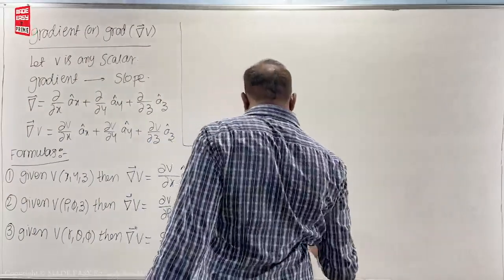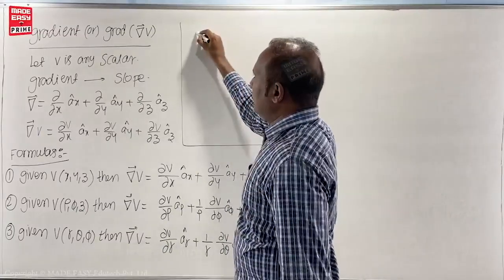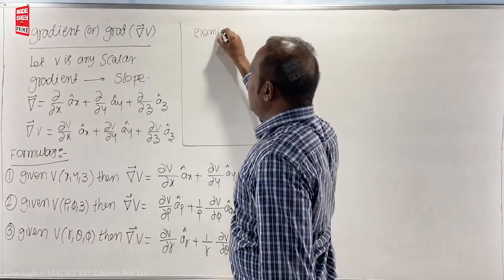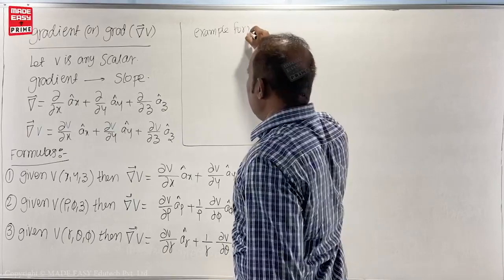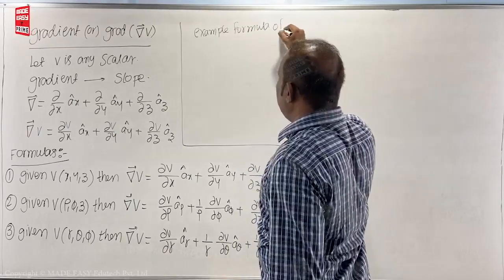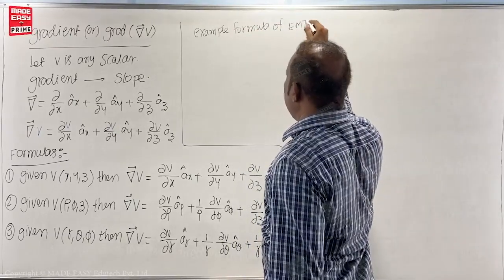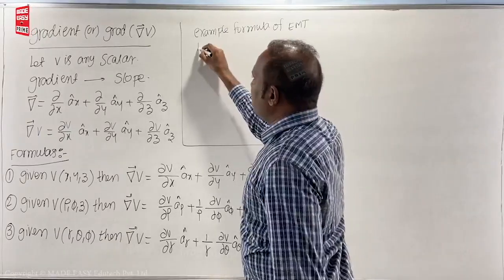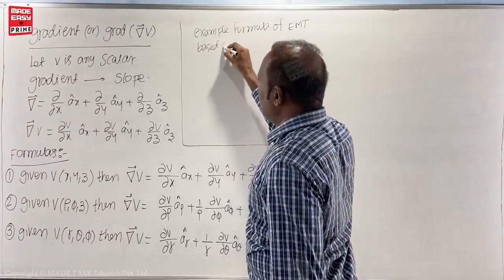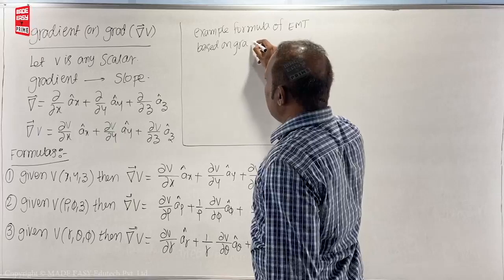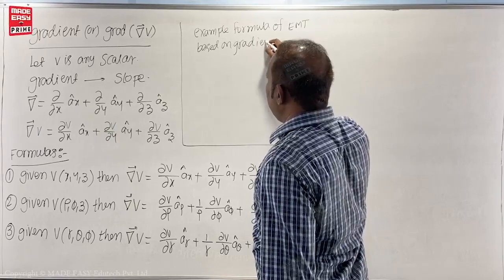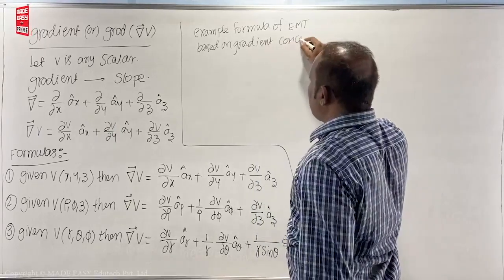Now let us take an example formula of electromagnetic theory based on the gradient concept.